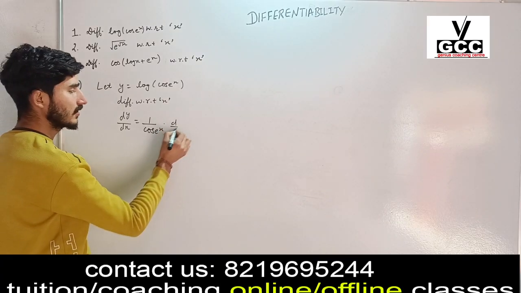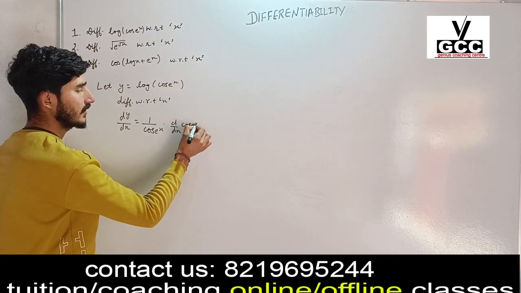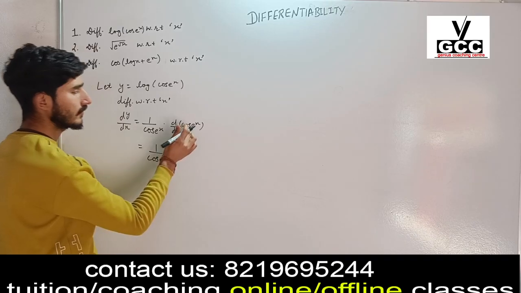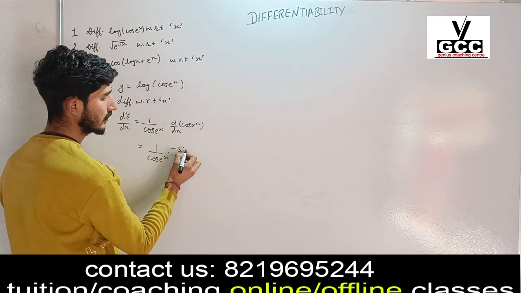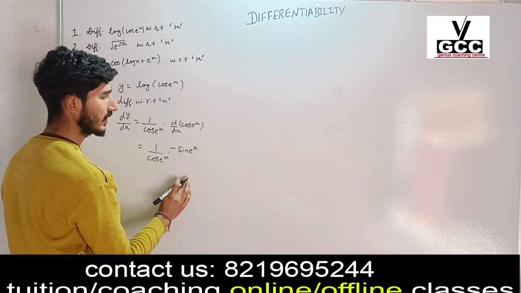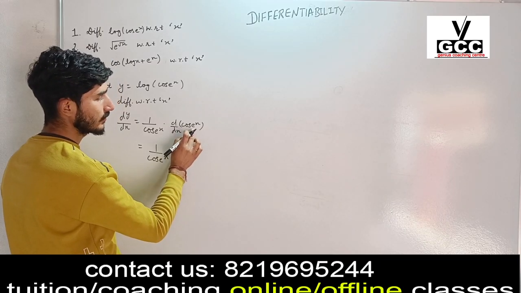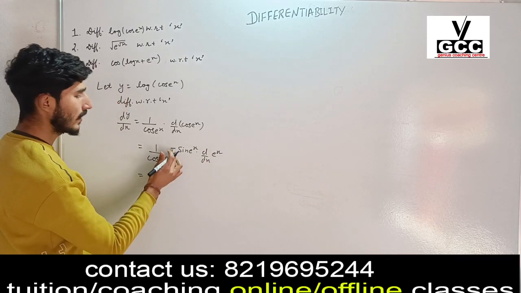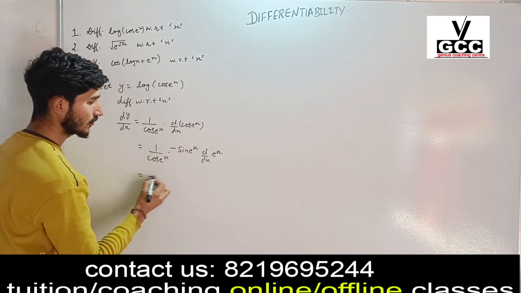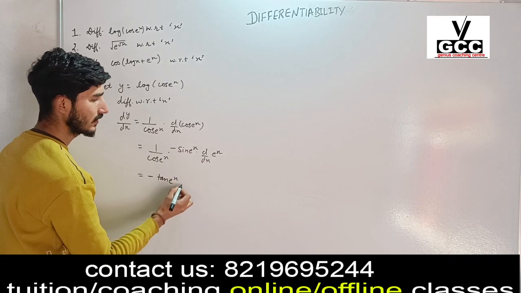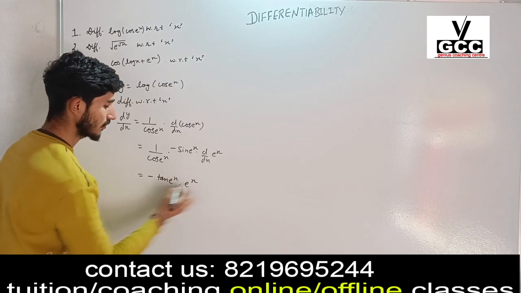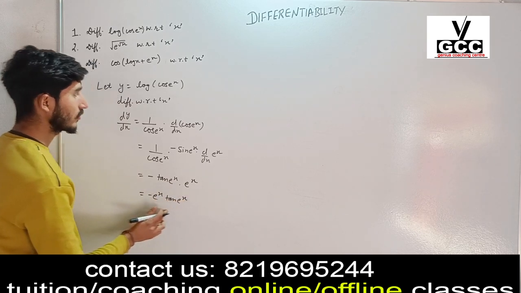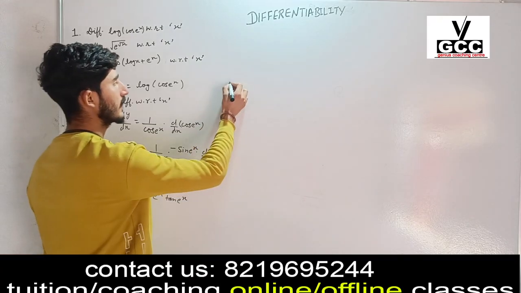Now we have to again differentiate cos of e^x. So 1 by cos of e^x, and the derivative of cos x is minus sin e^x. Now we have to again differentiate because the argument is not a simple function, so the derivative of e^x again. Minus sin e^x upon cos e^x is equal to minus tan e^x. The derivative of e^x is equal to e^x. So minus e^x tan e^x, that is the required derivative of the given function.